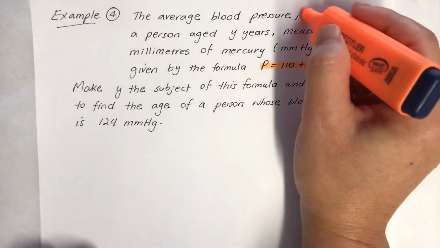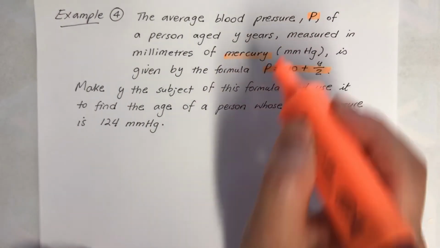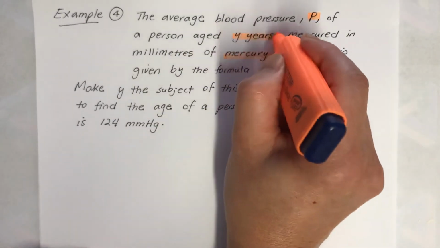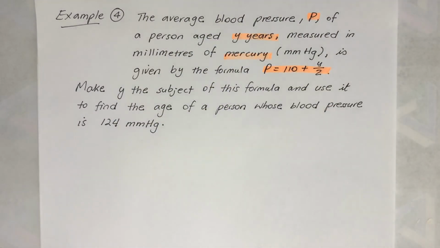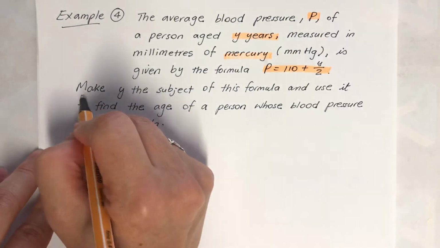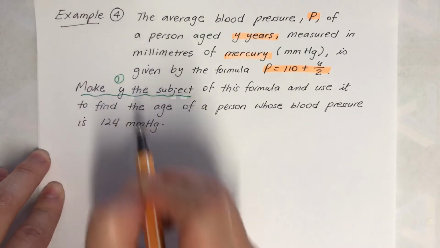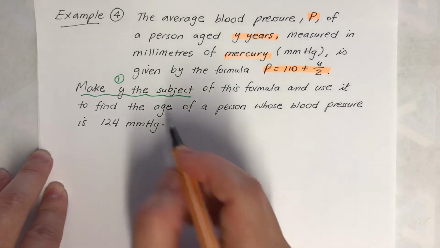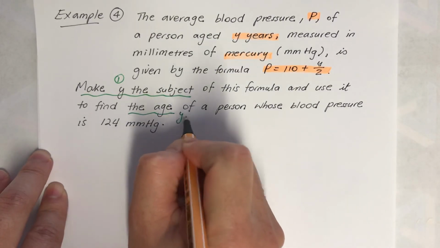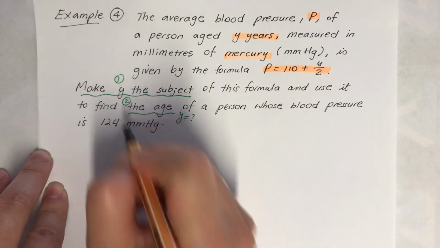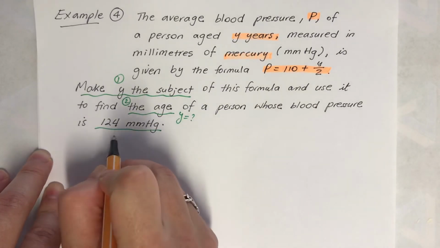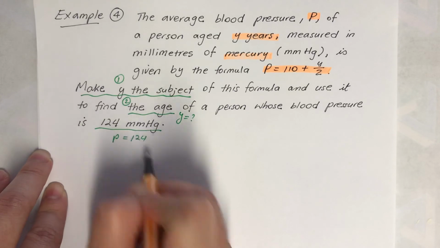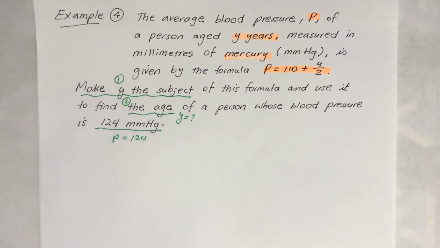Okay, so P is the mercury, Y is age. And what's the first thing we have to do? Make Y the subject. That's my first job. And then use that to find age, my second job, when P is 124 mercury. Okay, so that's what I've got to do.